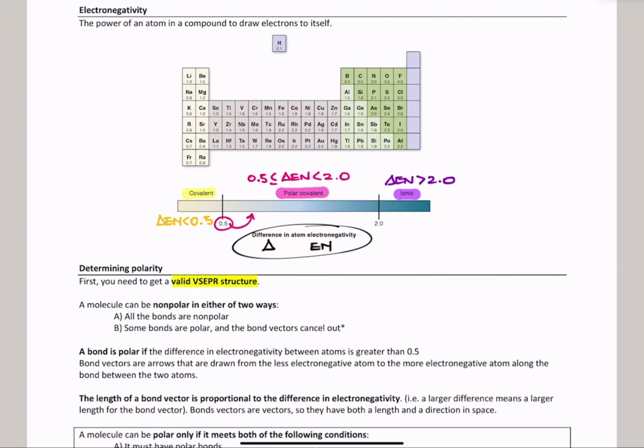So, what does this mean? When I have a covalent bond, this means that the electrons are shared evenly between the two atoms. In a polar covalent bond, the electrons are shared unevenly between two atoms.